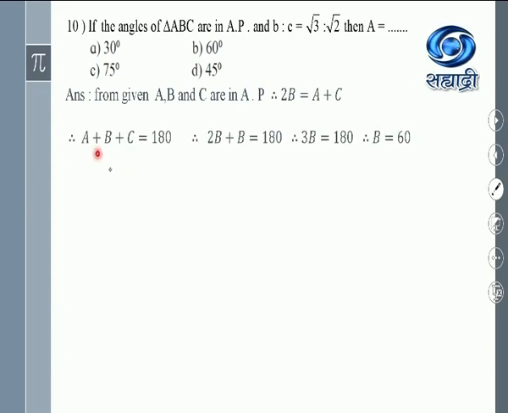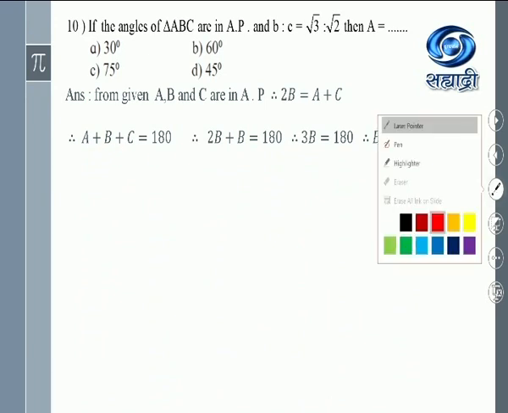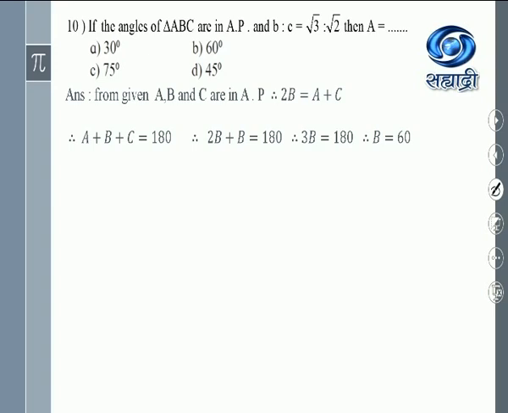Now A + B + C is equal to 180 degrees you know, okay? And with this knowledge, we substitute here. A + C is equal to 2B. So this A + C we replace by 2B. This middle as it is, which is equal to 180 degrees. Now 2B + B is 3B is 180 degrees, and therefore B is equal to what? 60 degrees you will get, right?